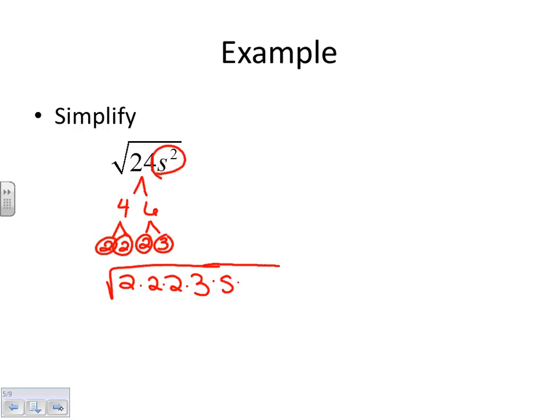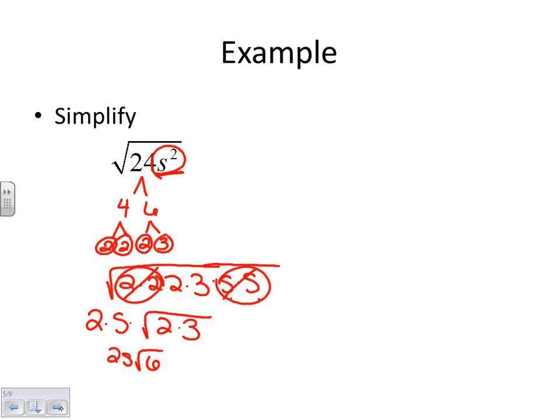So we're just going to say times s times s. There's s squared, there's 2 s's, you just write them all out. If it said s to the 5th, you would have 5 s's down here. Okay, and we find our pairs. Cross one out, bring one out. So we have 2 times s on the outside, and we're left with 2 times 3 on the inside. And we multiply them together, and 2 times s is 2s times the square root of 6. So the square root of 24s squared is 2s times the square root of 6.